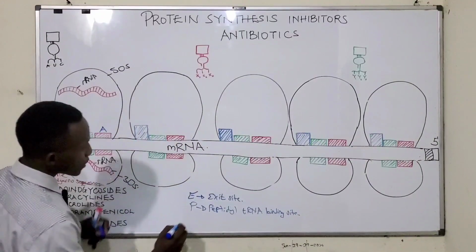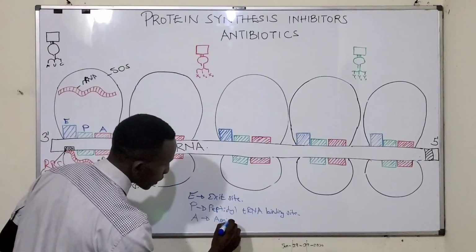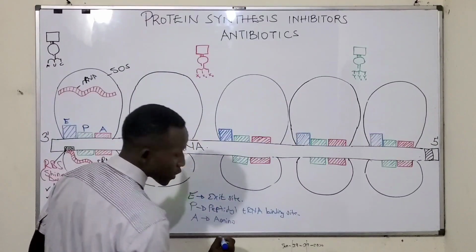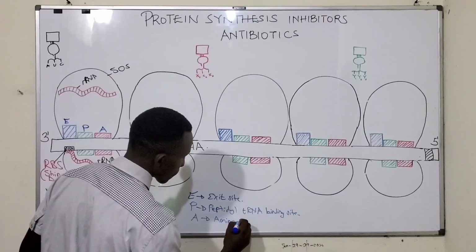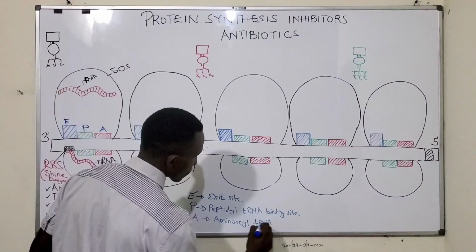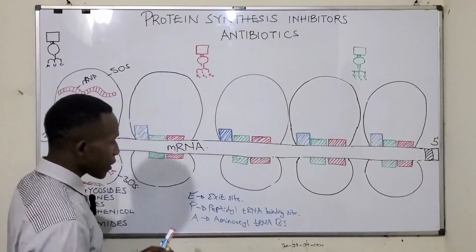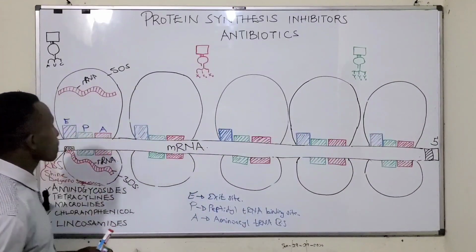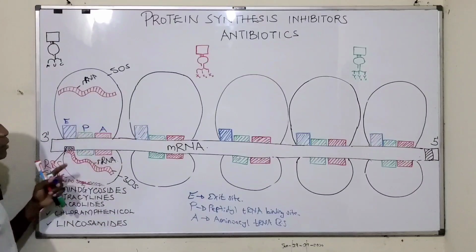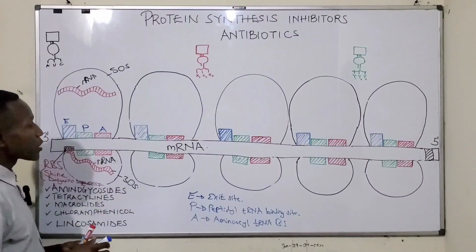And the A site is known as the aminoacyl transfer RNA binding site. So these sites, we are going to talk about them: what are they and how do they help in protein synthesis?